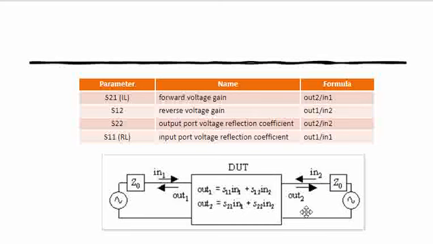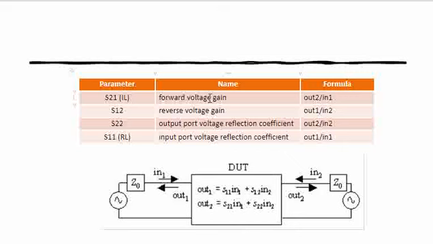And for this, when we see from the input side, we have a parameter called S21, which actually is named as forward voltage gain, which represents the ratio of the output transmitted power by input transmitted power. That means the amount of power that is transmitted on the output for a given input power. That's what the forward voltage gain mentions.